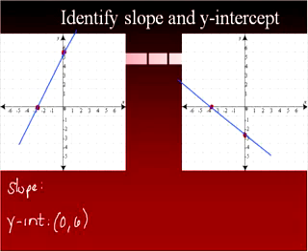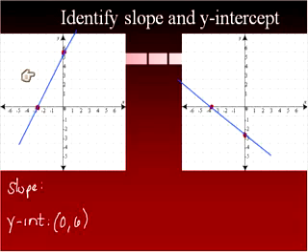So I'm going to start with the point here. And what I'm going to do is I'm going to count up and over, or you could go down and over, but you're trying to find a place on your coordinate plane where your graph crosses an actual number.